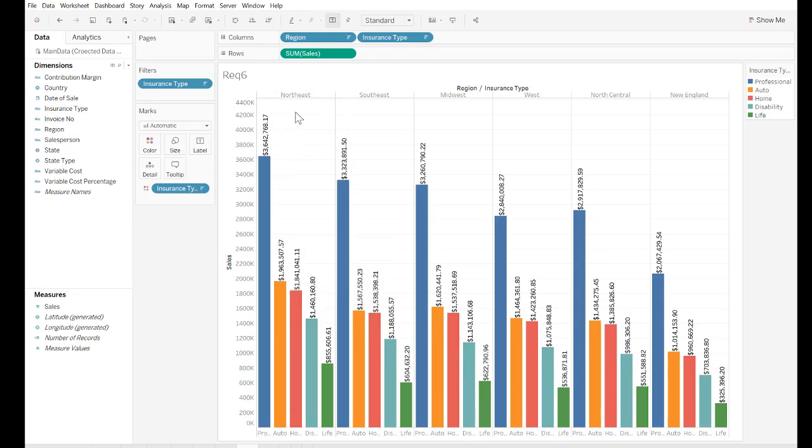And since the Northeast region did have the most sales, it would make sense for them to have the most professional sales as well, with just over $3.5 million. And then the lowest, right here, we have $855,000. Still a lot of sales. Life insurance is the lowest, followed by disability, home, auto, and professional. And that is the same distribution for each region, as you can see.